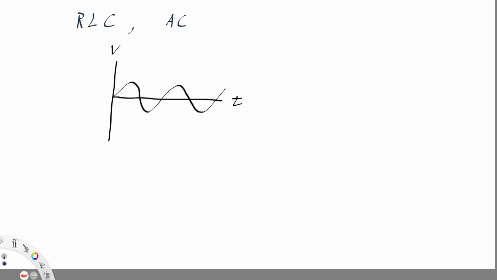Over a component that is, say, a capacitor, the voltage curve across the capacitor looks a little different. I had a picture that I wanted to show, but I appear to not be able to find it. Oh well.